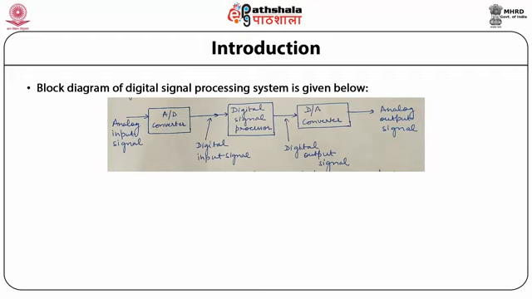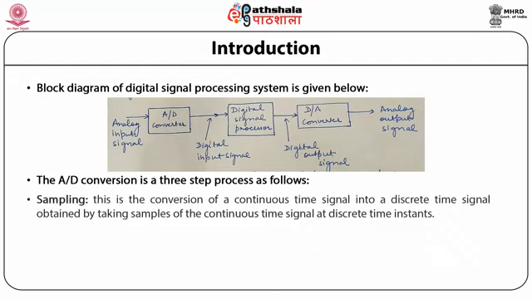So students, as you can see from this figure, the basic component of this system is the analog to digital converter. Analog to digital conversion is a three-step process. Number 1, sampling.